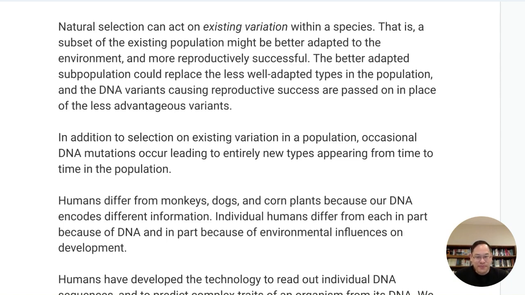So as I've written here in the notes, humans differ from monkeys, dogs, corn plants, and each other because our DNA encodes different information.